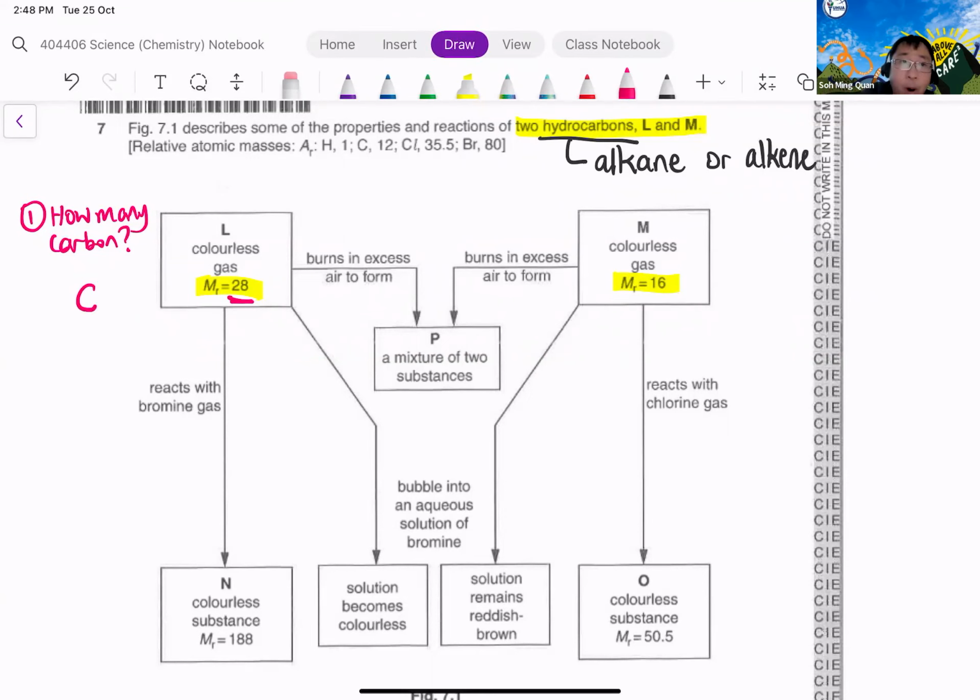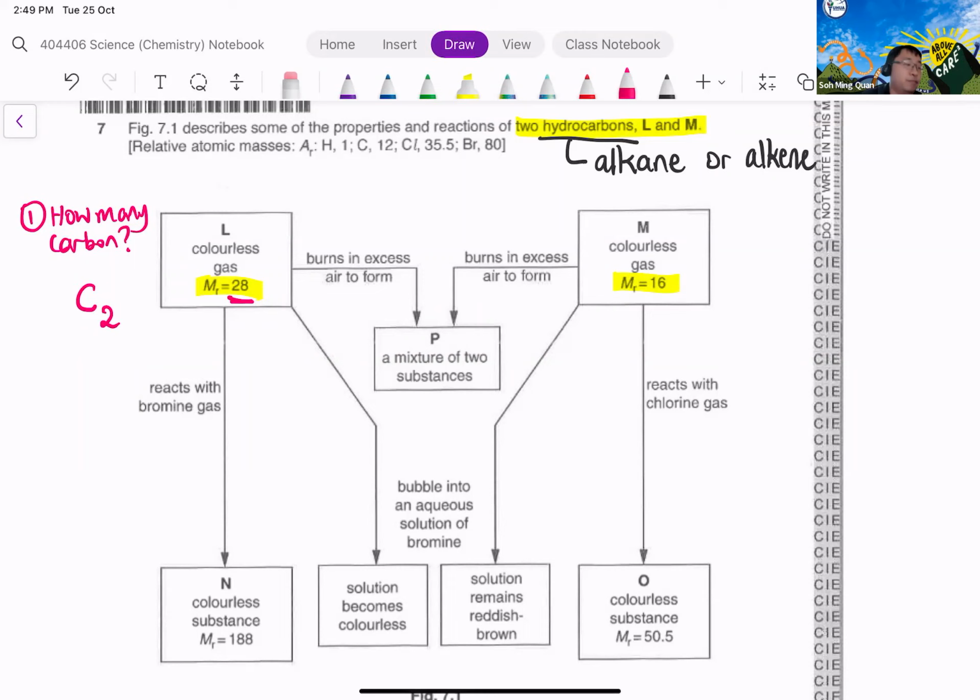Well, if it's just 1 carbon atom, that won't be enough to make 28 because 1 carbon is 12. The mass is 12. If I want to make 28, what's the nearest?